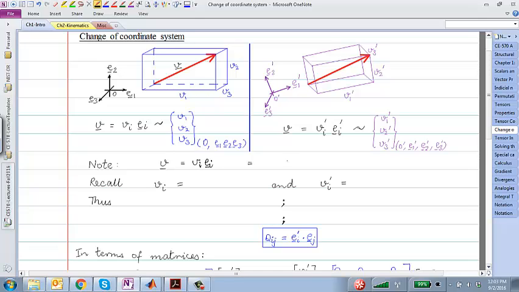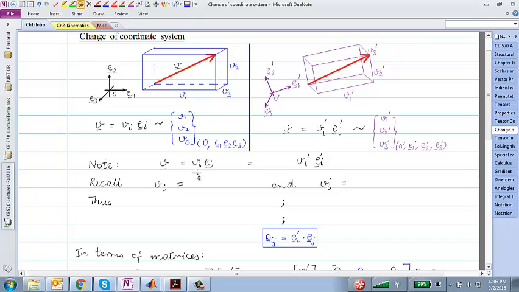In the other coordinate system, we would write the same vector v as v_i prime e_i prime. You remember, if I want to get a particular component of a vector, say v_i, how can I obtain it? If I have a vector v and I want to find its component along e1, what do I do?